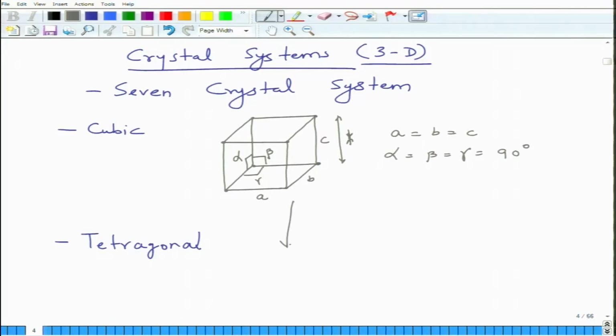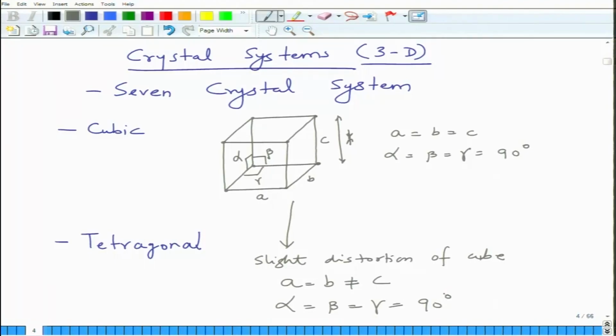So, it is a slight distortion of a cube. You will still have a equal to b, but c is unequal, but alpha, beta, gamma still remain 90 degrees. So, it is still an orthogonal system. Cube is an orthogonal system, tetragonal is an orthogonal system. That is the only distinction that you have.